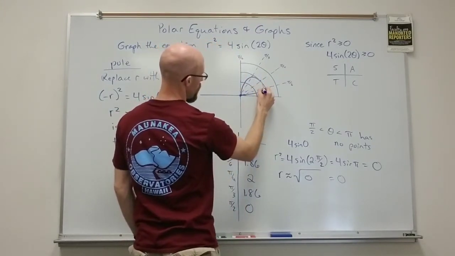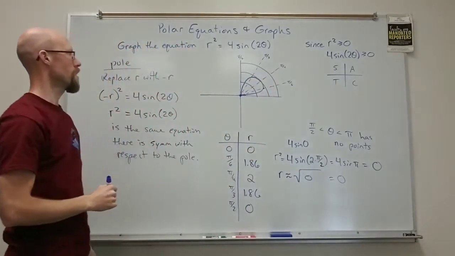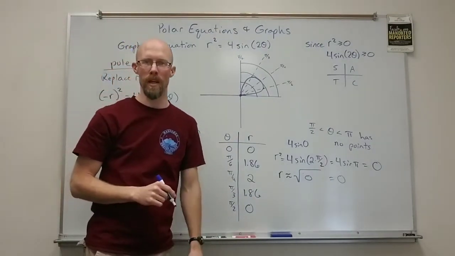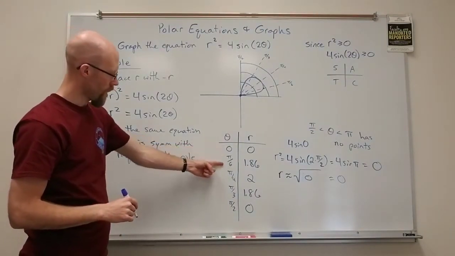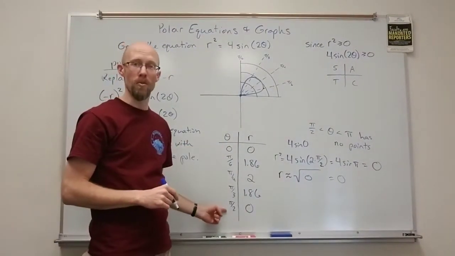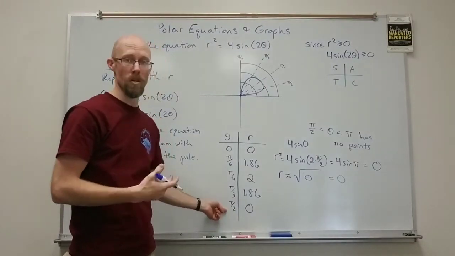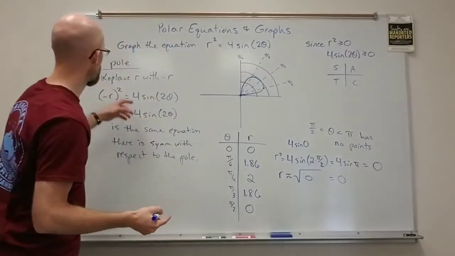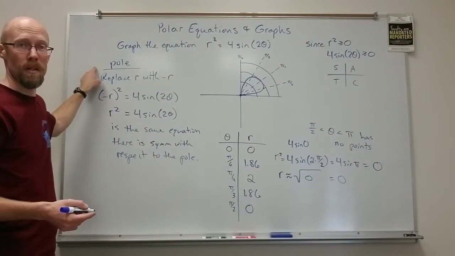Now it's not too bad. A little bit funny right there. I don't know, it looks like a fan blade or a propeller blade. And now that gives us all the angles from 0 to pi over 2. Now I know that nothing from pi over 2 to pi would be included here, so I don't have to keep going with that. However, I do know that there's going to be symmetry with respect to the pole.